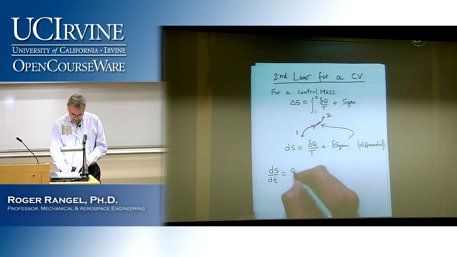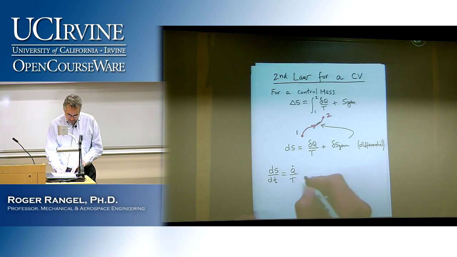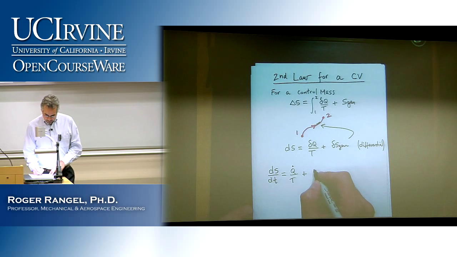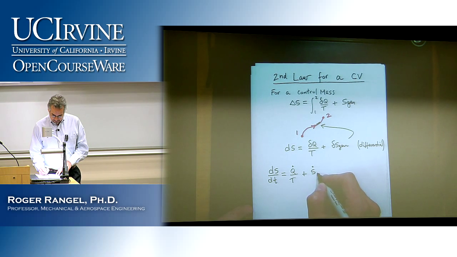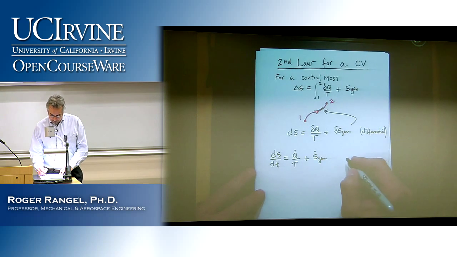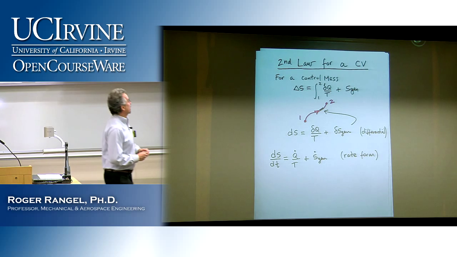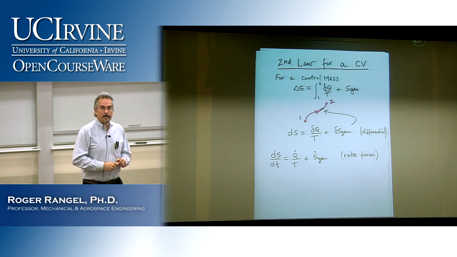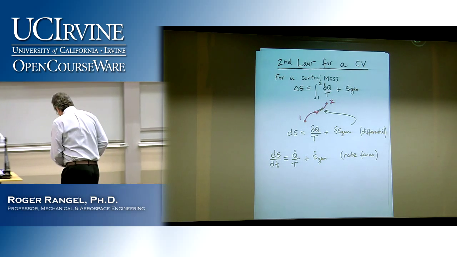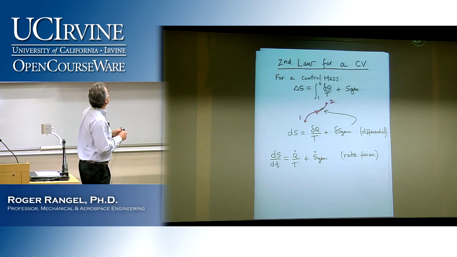So this becomes Q dot over T. And then now we encounter a delta S generation over dt. We appropriately call that S dot generation. So I can write this equation, which we would call the rate form of the expression for the second law. So there you have three ways in which you can write the second law, depending on what you are interested in.